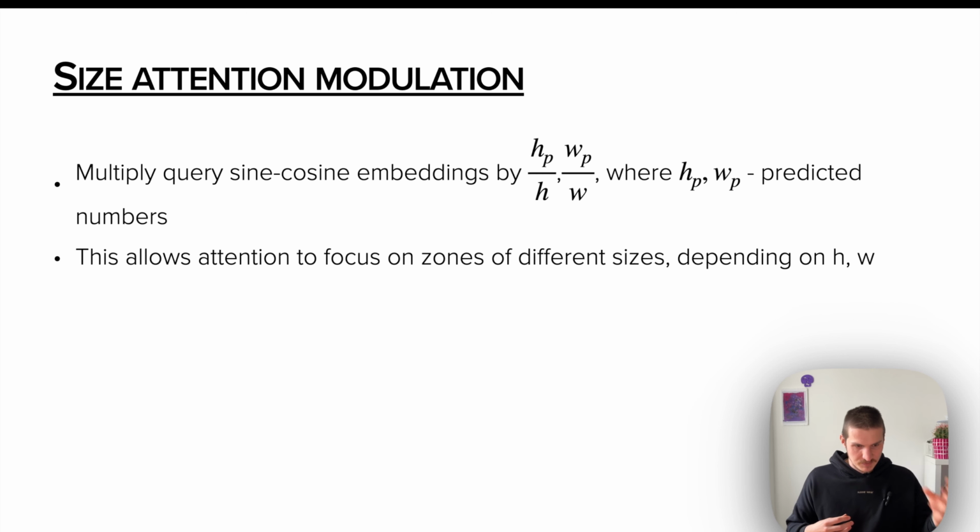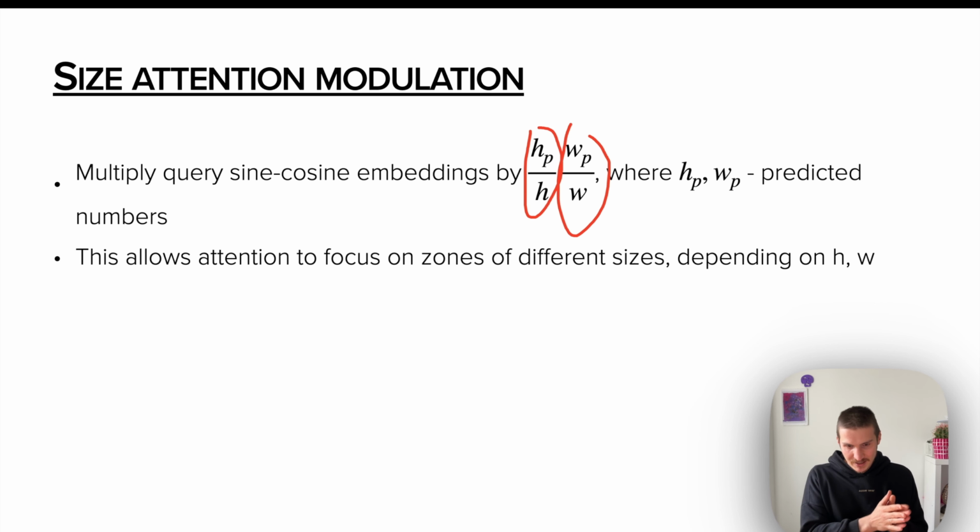So they take the sine cosine embedding, and they multiply it by h predicted divided by h, and w predicted divided by w. The h predicted and w predicted are numbers that are trainable. They actually get the embedding and then a multi-layer perceptron on top of that to predict this number, which is a way for the network to decide on its own height and width, but then divide by the actual height and width of the anchor box.